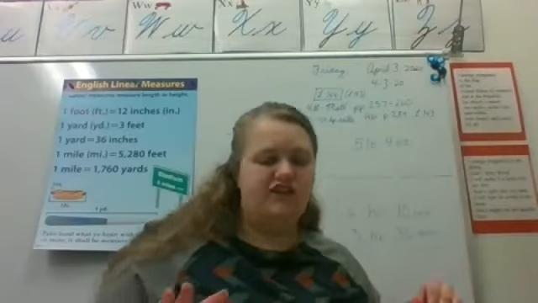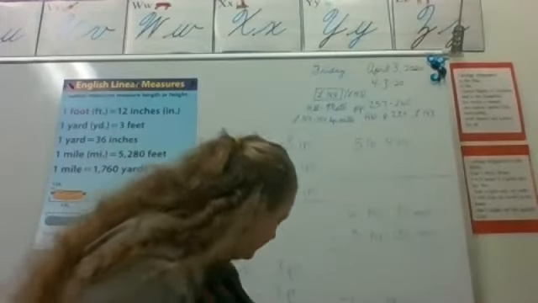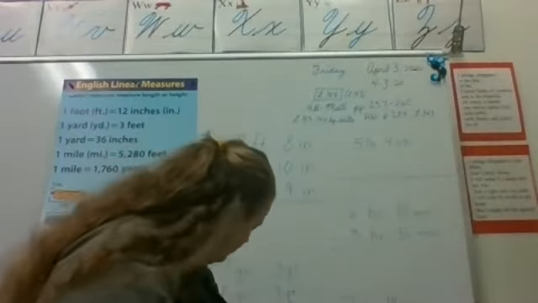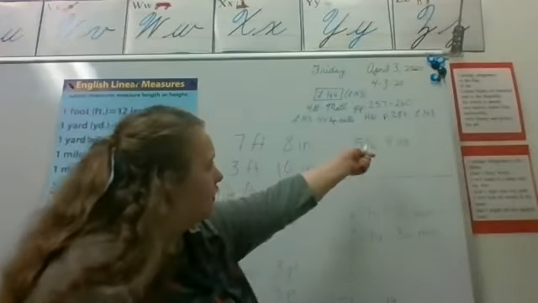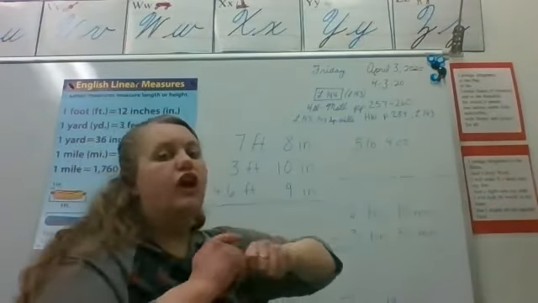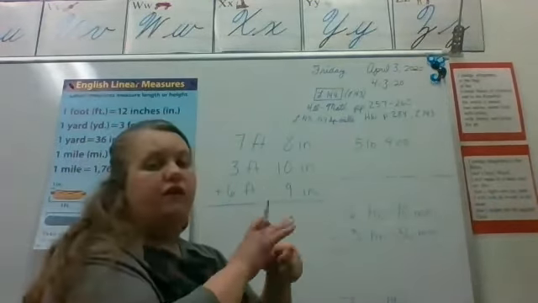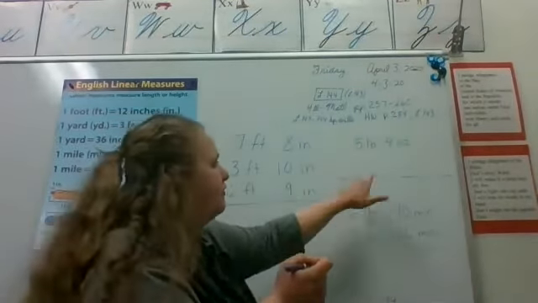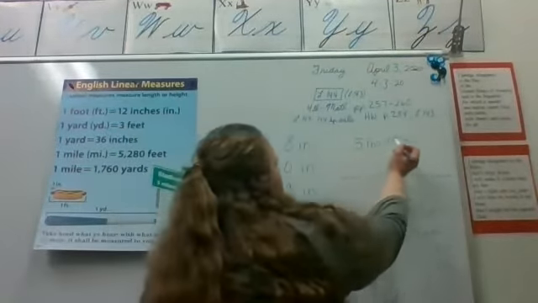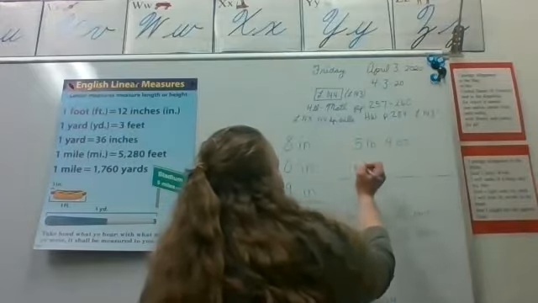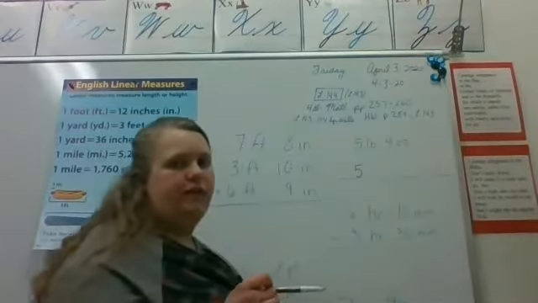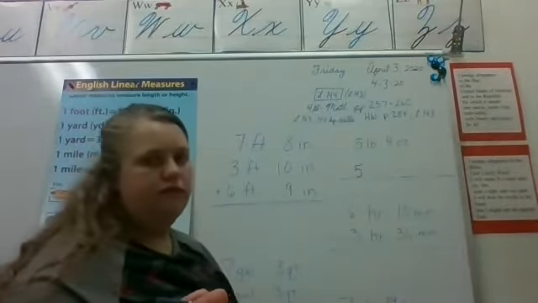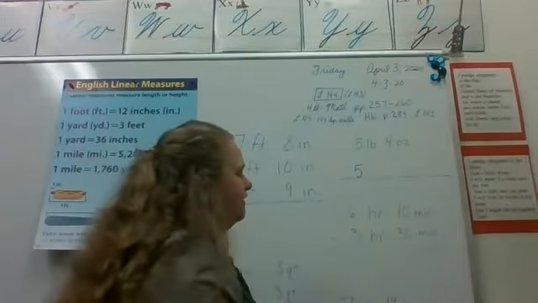Okay, so up here we're going to convert 5 pounds, 4 ounces to pounds, and then we're going to convert it to ounces, okay? So first we're going to convert it to pounds. So 5 pounds, 4 ounces, so we have a 5, right? How many ounces are in a pound? 16, okay?